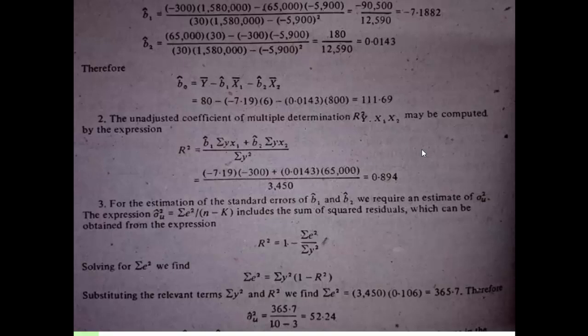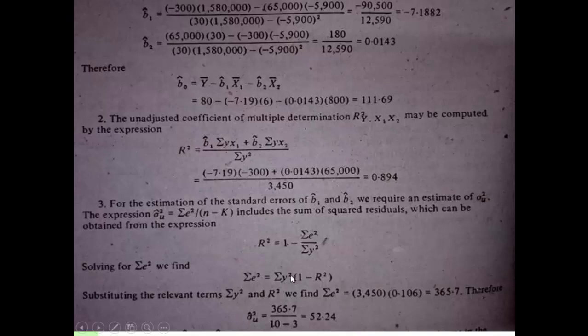Now for the calculation of the variances, we need sigma square u, which is equal to summation ei square by n minus k. We can calculate summation ei square in the table as well, but that will be a lengthy process. So we use another formula derived from the formula of R square: summation ei square is equal to summation y square into 1 minus R square.